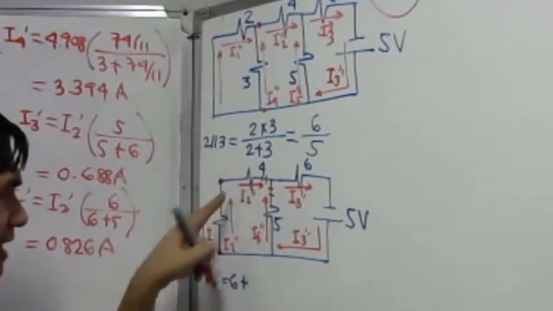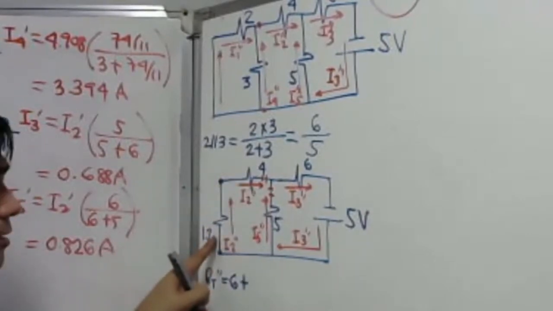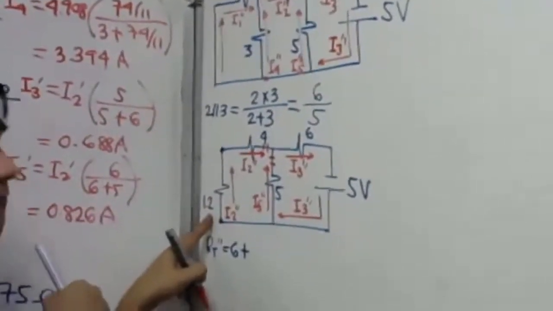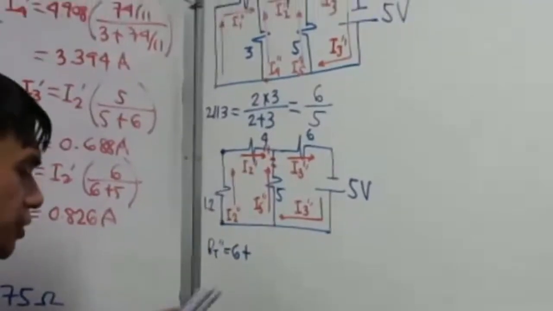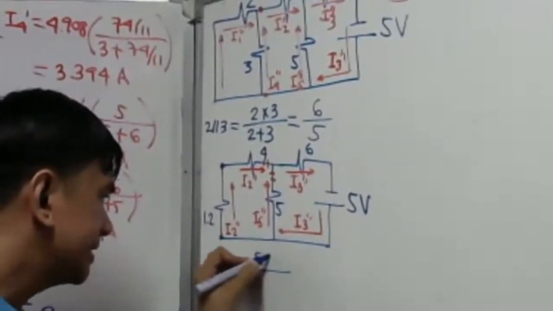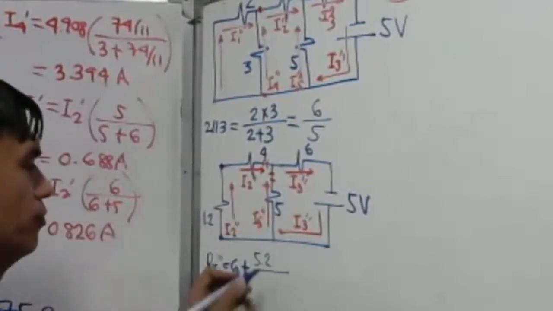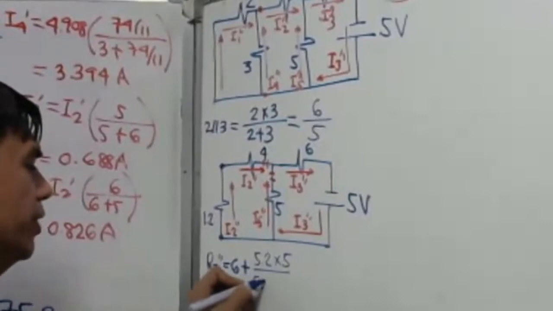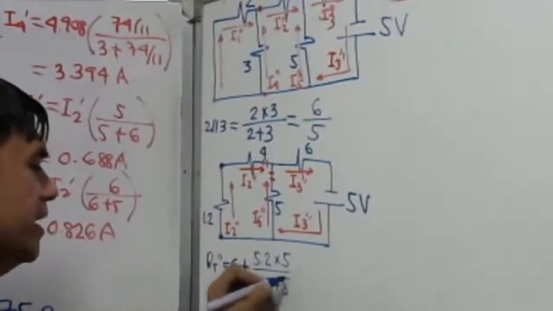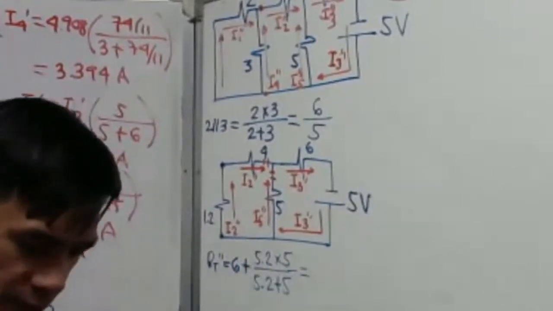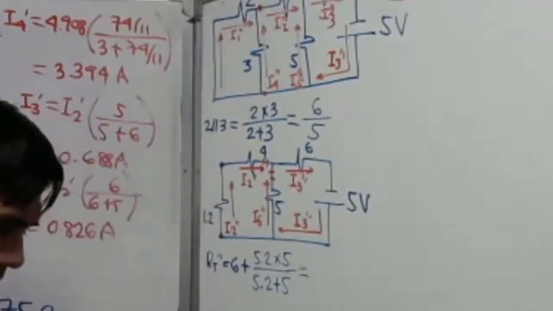They're just simply in series, right? So, 4 plus 1.2, we have 5.2. That 5.2 is in parallel with the 5 ohm, so times 5 over 5.2 plus 5.